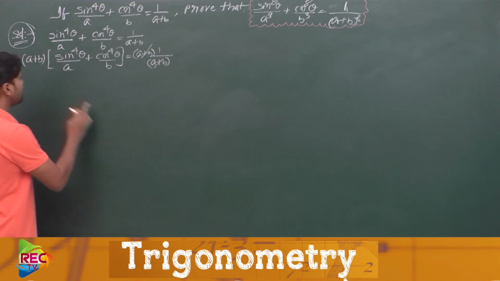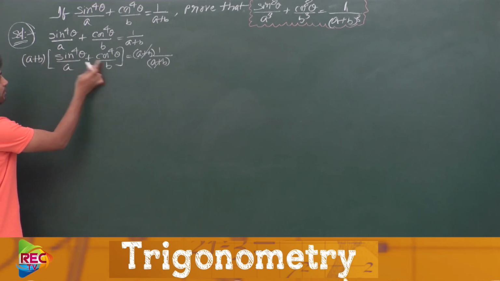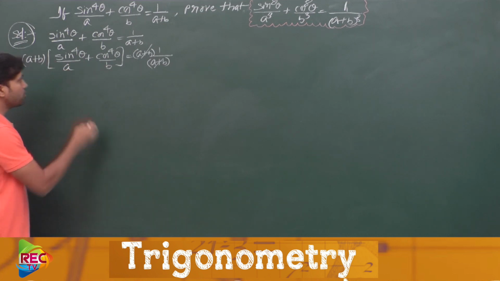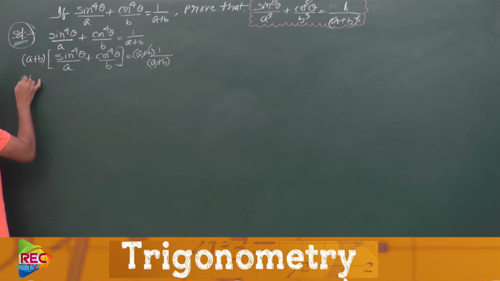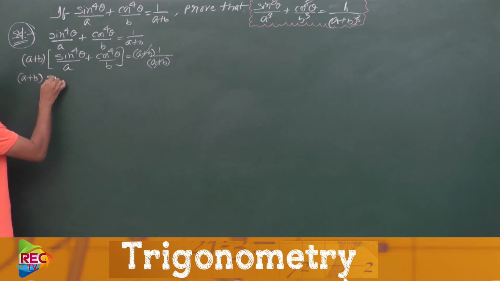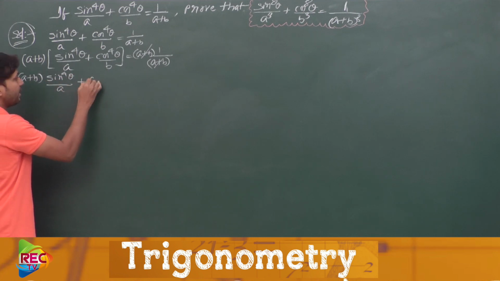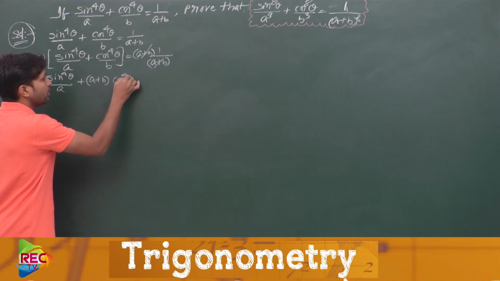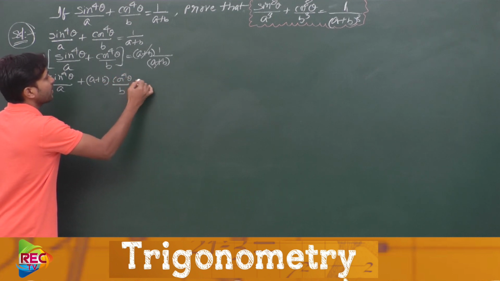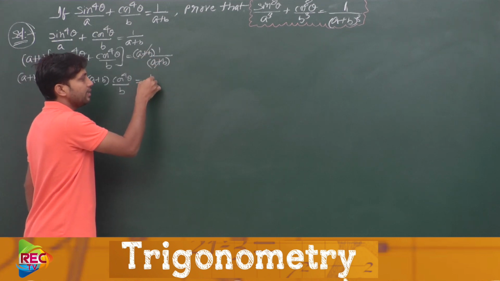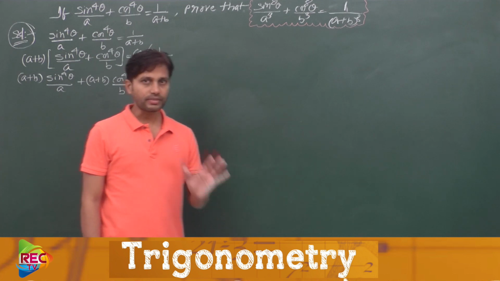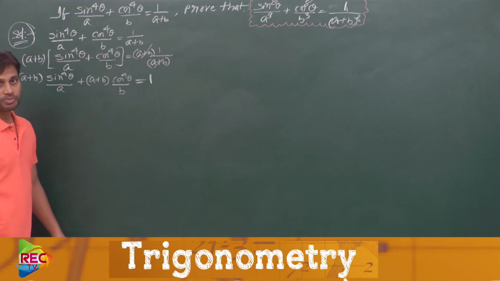Simply multiply this a plus b with both of the terms: a plus b into sin to the power of 4 θ by a plus a plus b into cos to the power of 4 θ by b equal to, all are cancelled and 1 remains on the RHS.